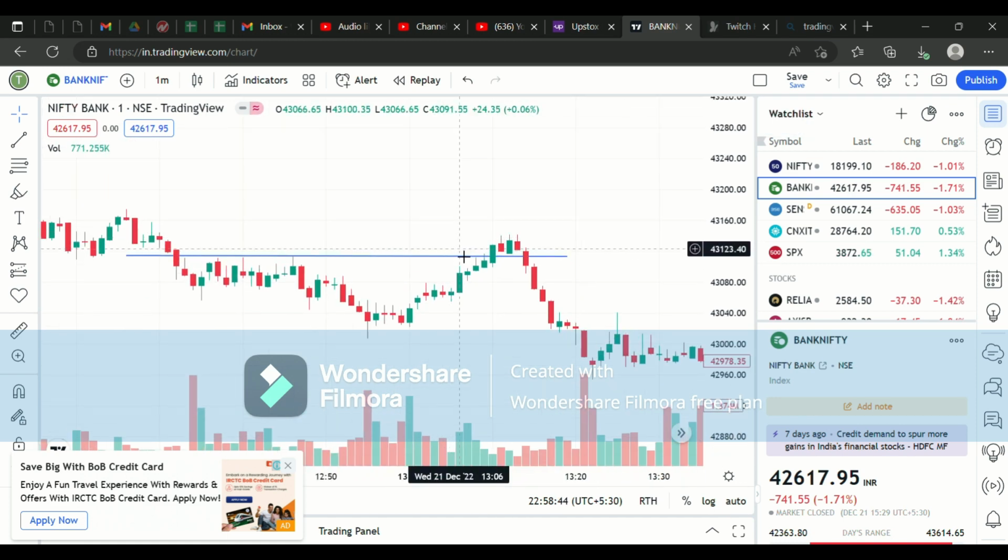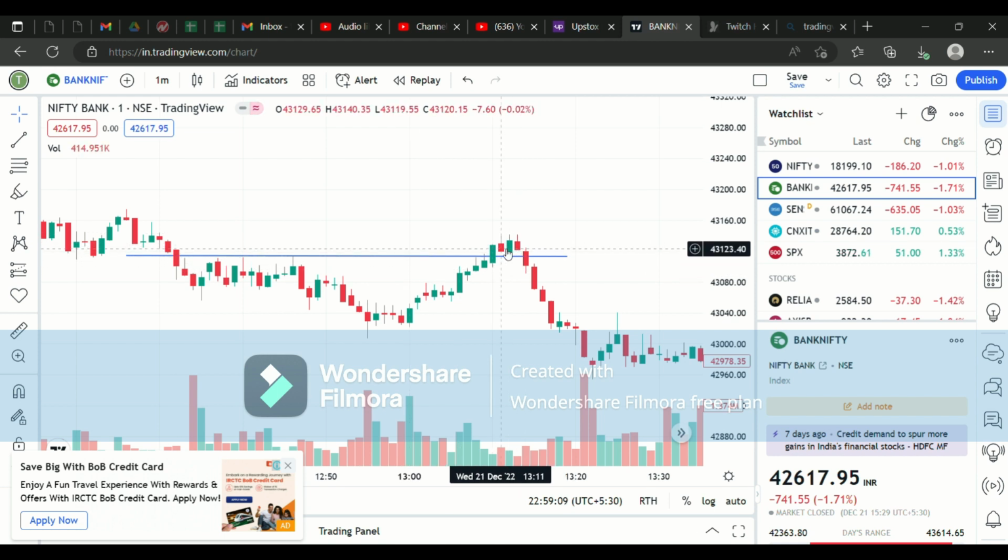So I thought let's wait for the closing of one more candle above this trend line. But unfortunately the candle was made as red, so I did not initiate the trade at that time.